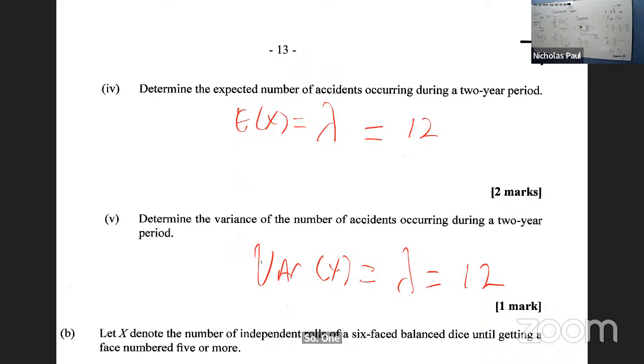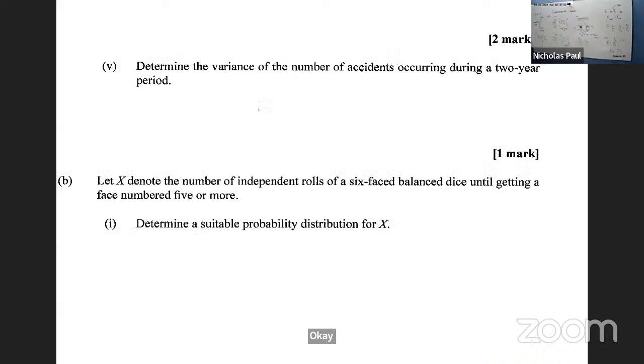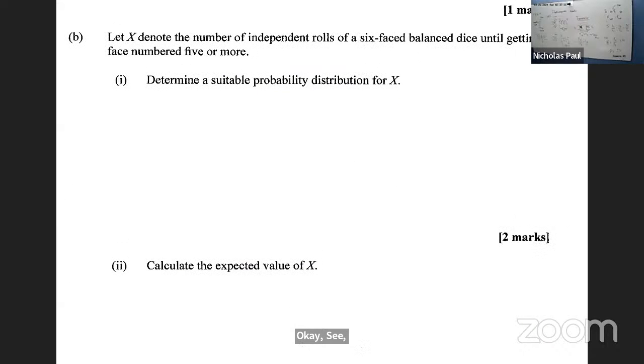Okay then, let's go again. Same here, take a read and make a distribution.